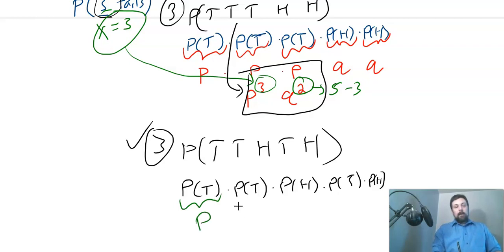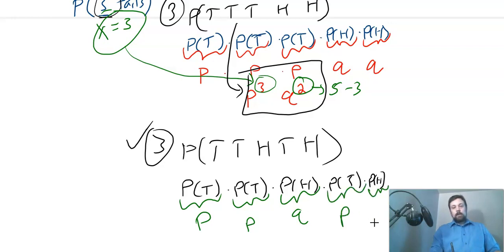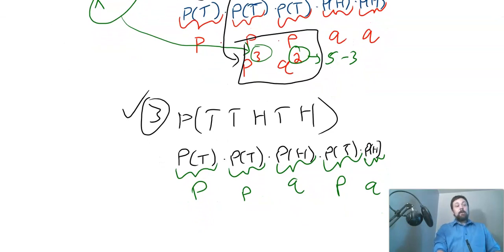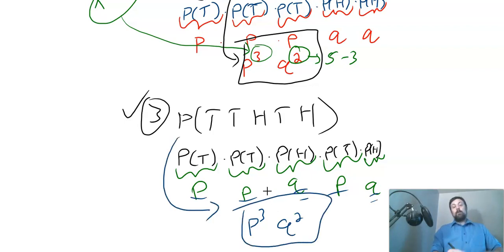This is going to be P times P times Q times P times Q. So again, even though it's in a different order, when you simplify this, you'll have P multiplied to itself 3 times and Q multiplied to itself twice, the same that you had up here, right? So this probability is also equal to P to the third power, Q to the second power.